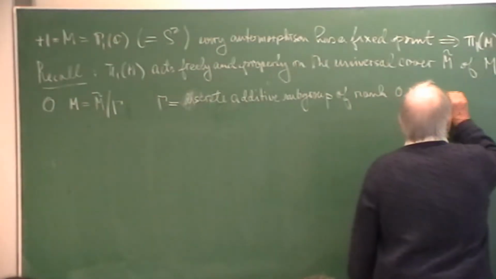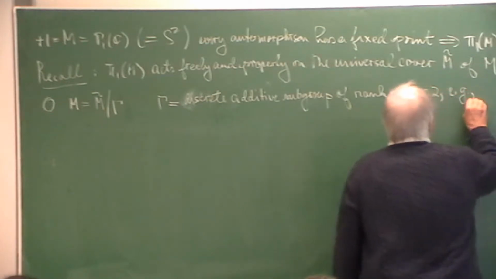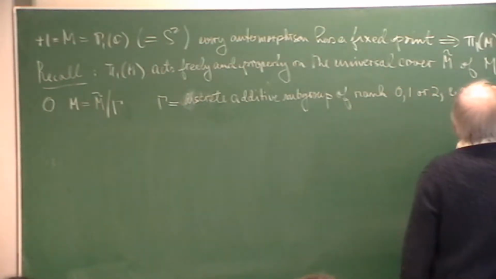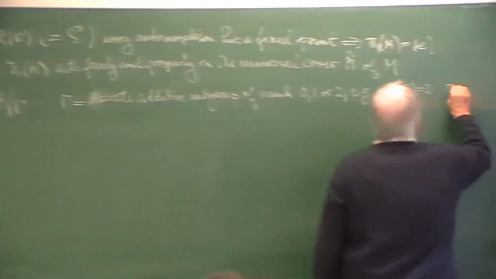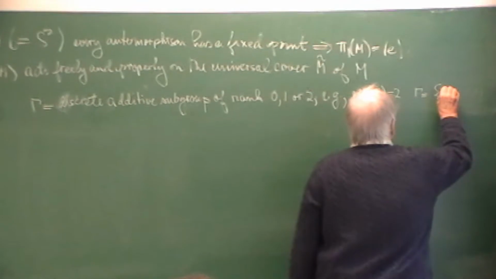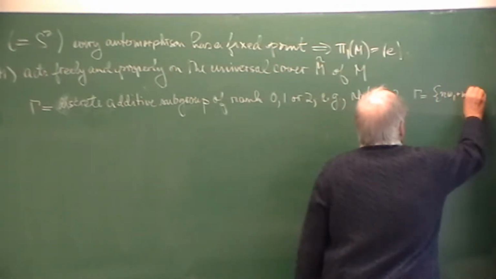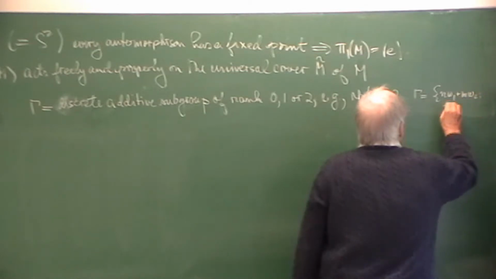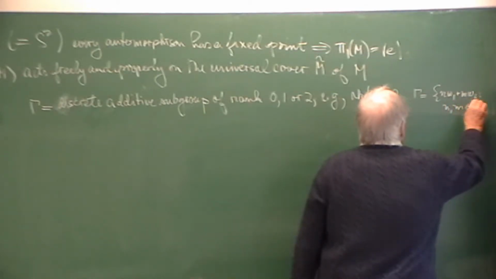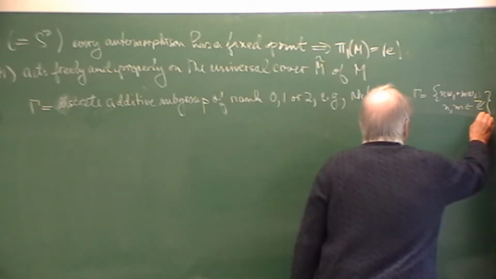So for example, if the rank of gamma is 2, then gamma is equal to n omega 1 plus m omega 2, where n and m are integers.